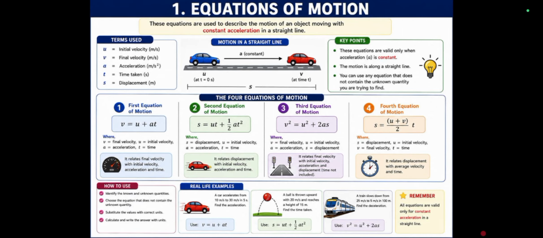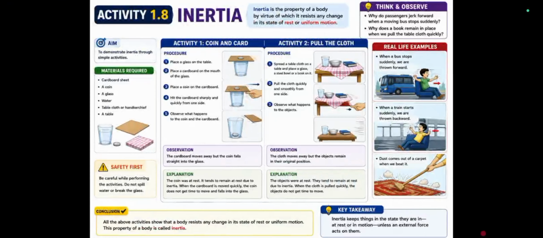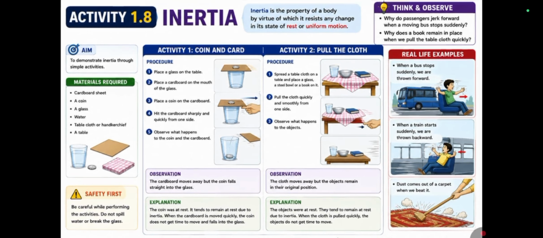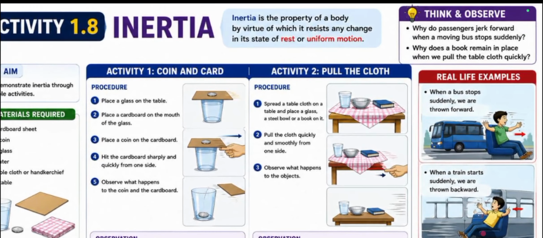Now we are going to discuss inertia, activity 1.8 in our textbook. Now we have to learn what is inertia. Inertia is a property of a body by virtue of which it resists any change in its state of rest or uniform motion.